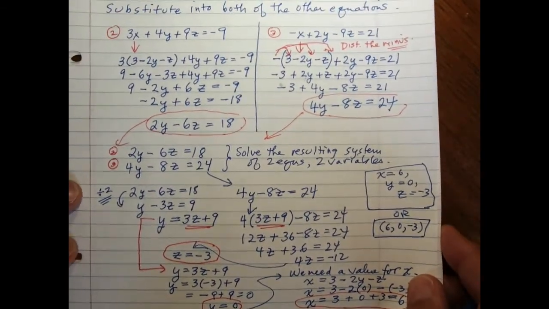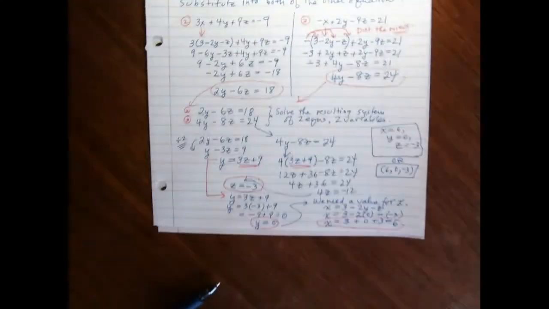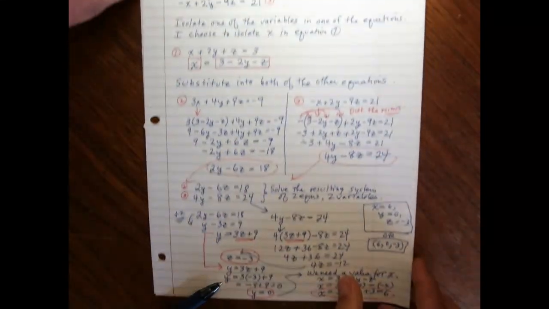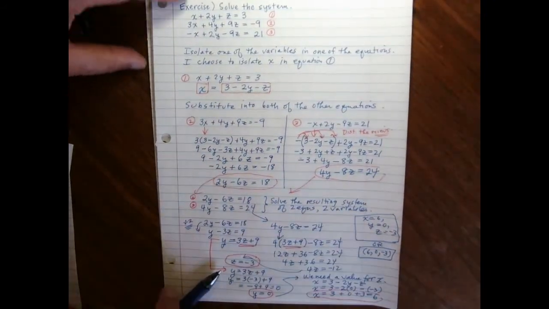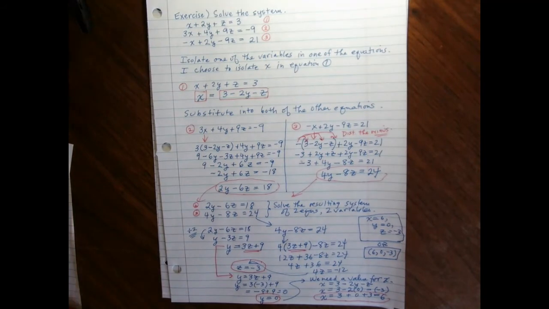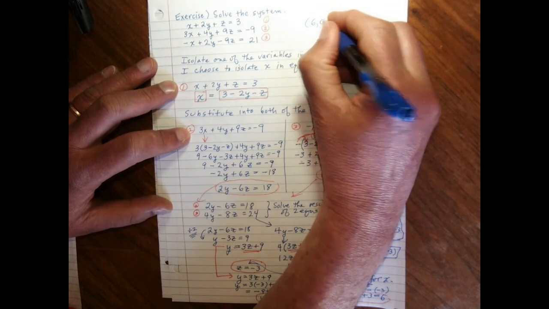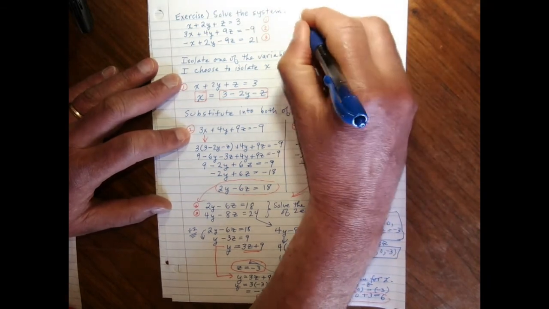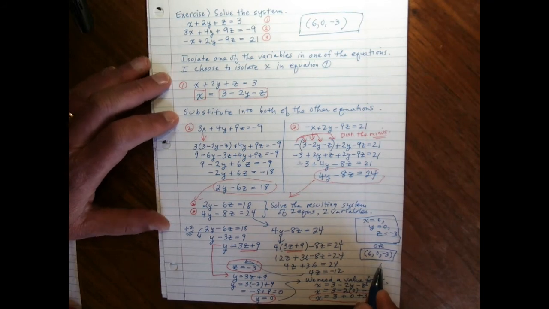And there we did it. We used a substitution process to solve this system of equations in 3 variables. And my answer again is 6, 0, negative 3. That's written down here on the right.